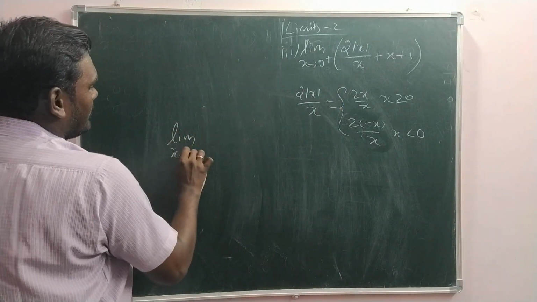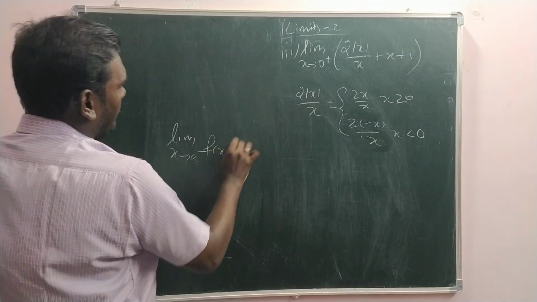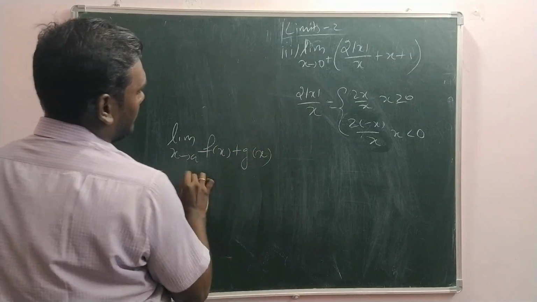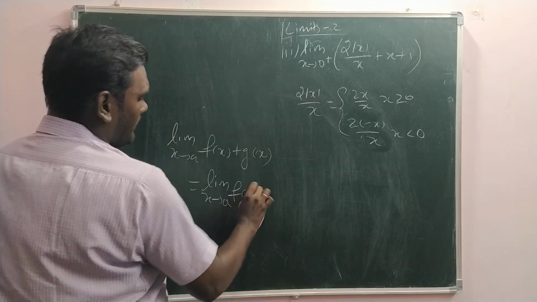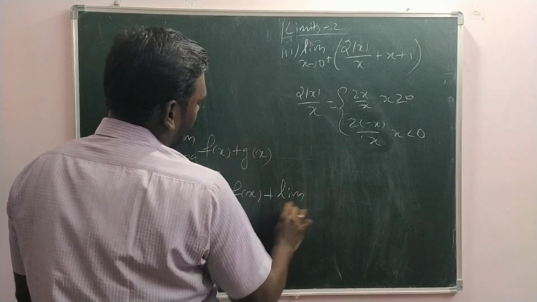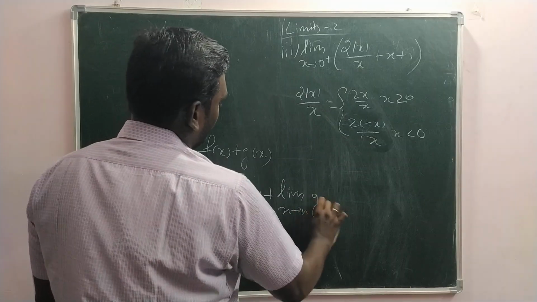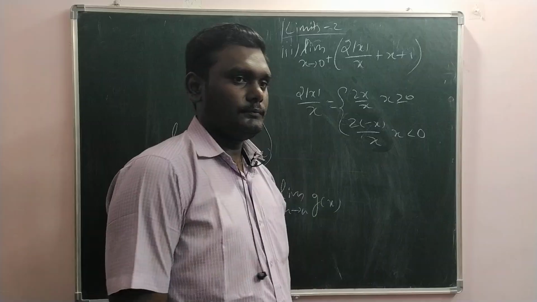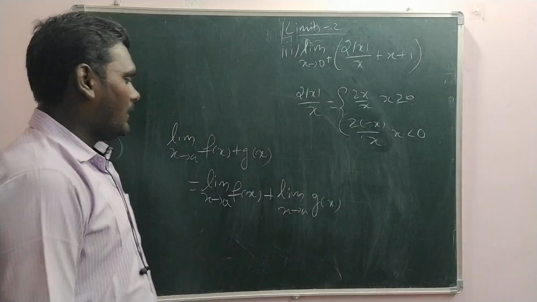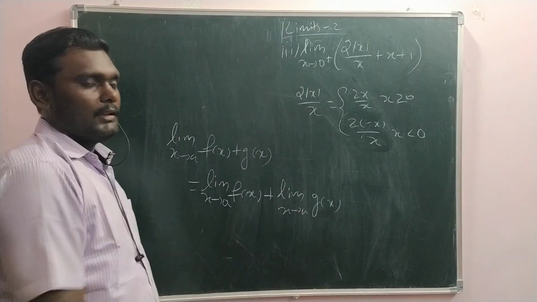Limit x tends to a, f of x plus g of x is what? Limit x tends to a f of x plus limit x tends to a g of x. So I am taking this as one function, this as one function. Remember algebra of limits. Separately they can be calculated.